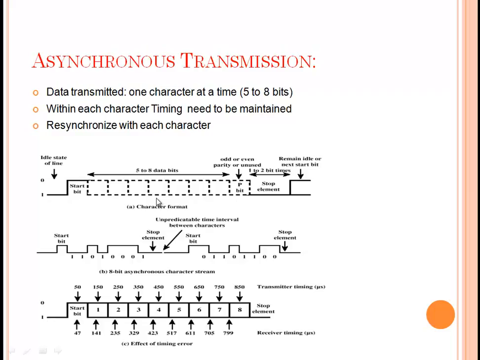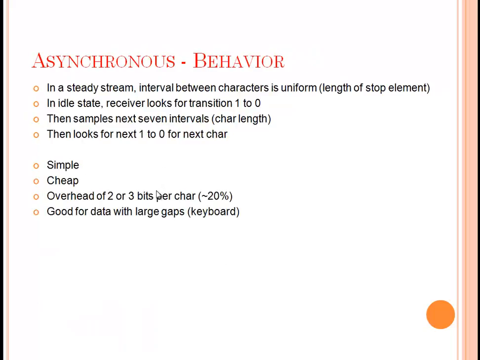So to transmit at least 8 bits, that means one character at a time, we need at least 3 bits more: one start bit, one stop bit, and one parity bit. In an asynchronous transmission, the interval between the characters should be uniform. That means the length of the stop element.